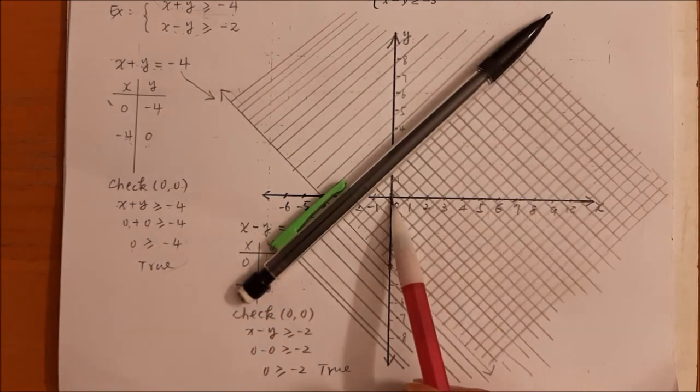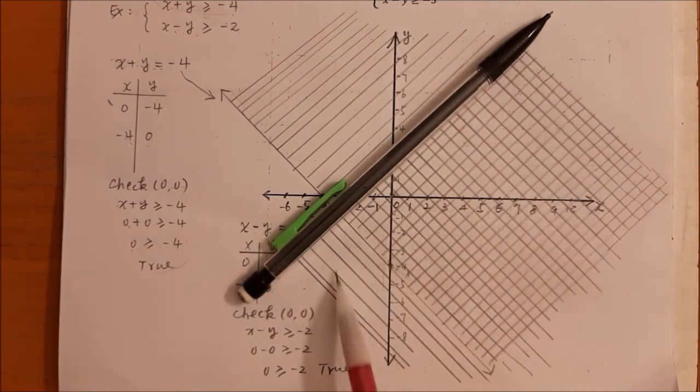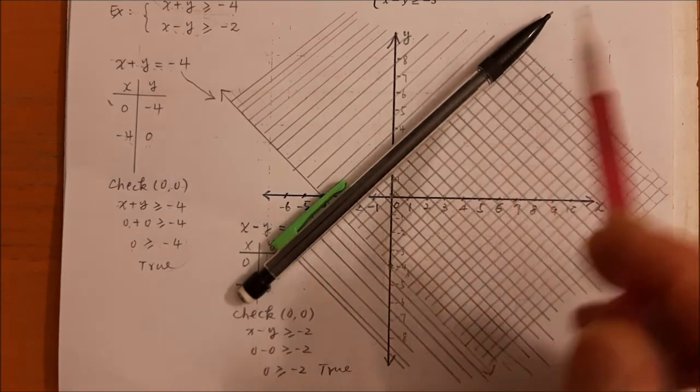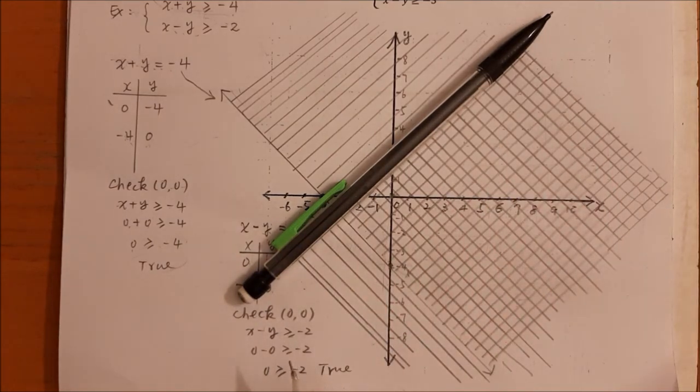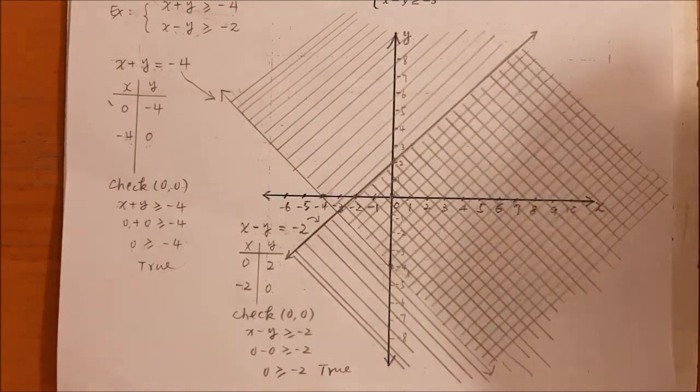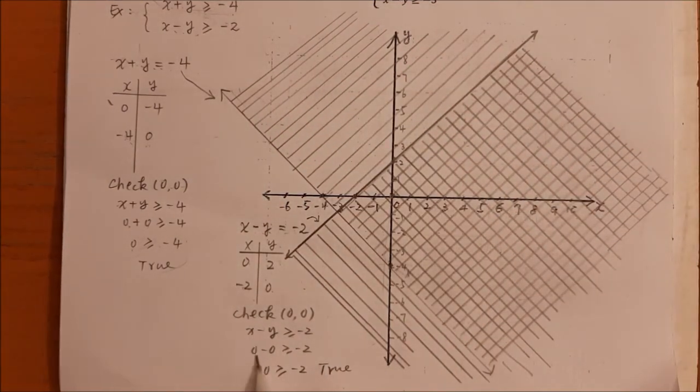You can pick any other point not on the line. If plugging in makes the inequality true, you shade that side. Like (0, 0): 0 minus 0 is 0, greater than or equal to -2. That's true.